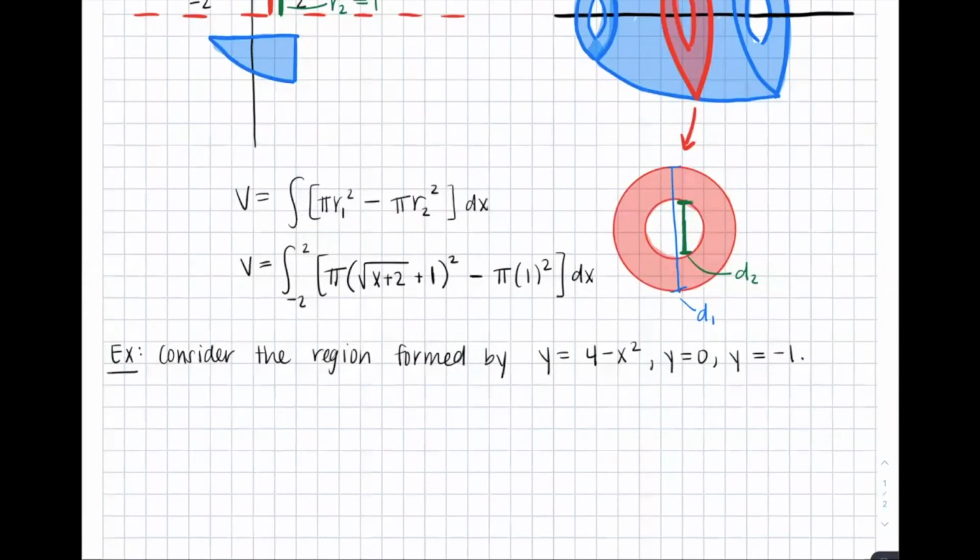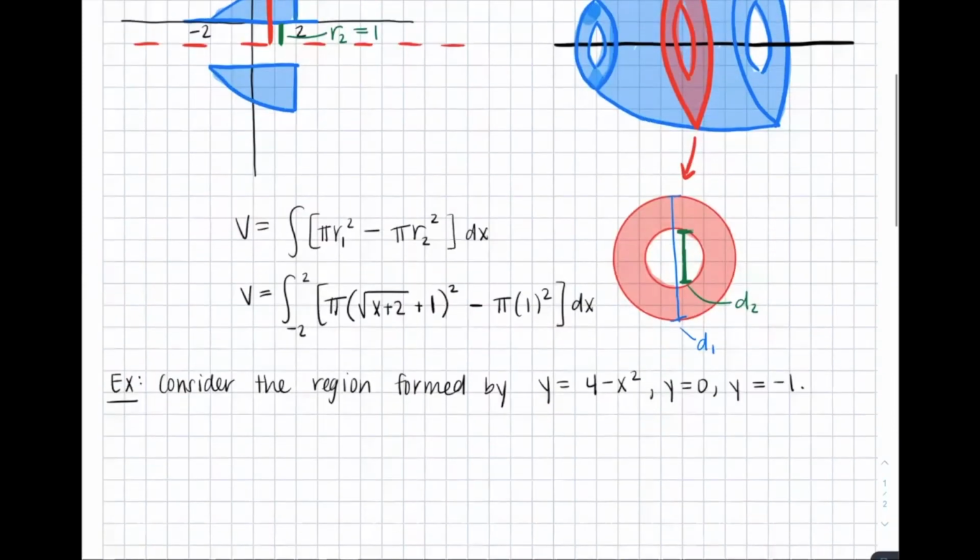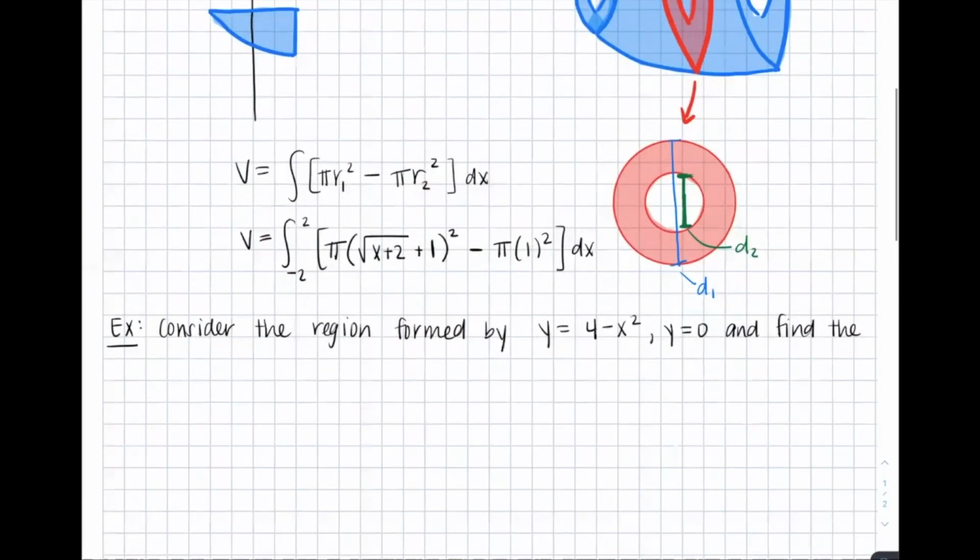So y equals 0 is just the x-axis. Oh wait, hang on, sorry. This y equals -1, that's not the region. That's the line we're going to revolve it around. So consider the region formed by those, and find the volume of the solid when you revolve it around y equals -1.